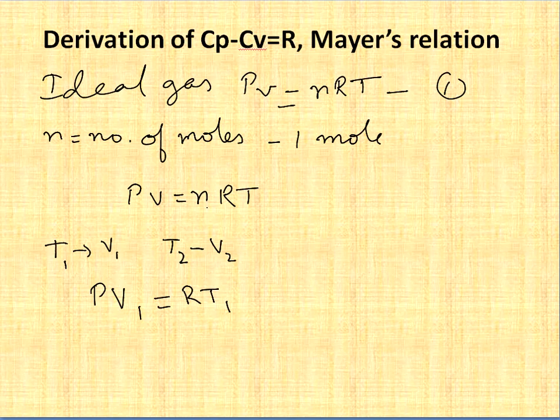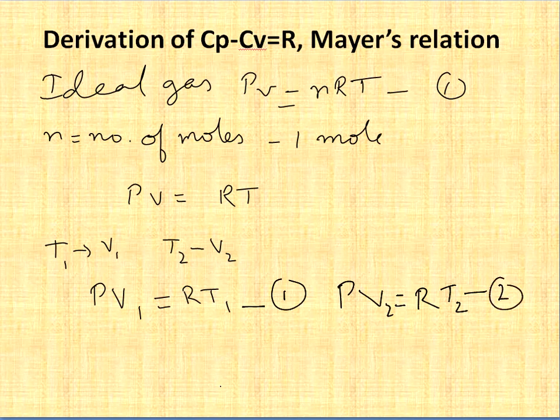Here we will not write n because it is taken as 1. This is the first equation, and the second one is PV2 is equal to RT2. Now subtract 2 minus 1.